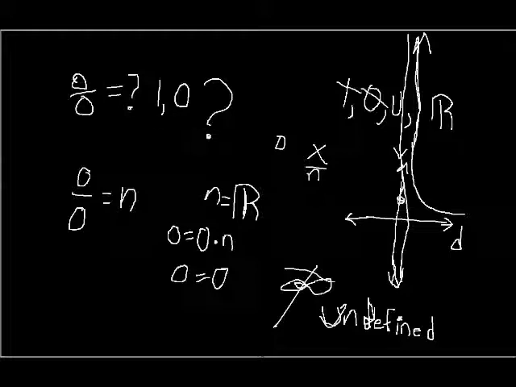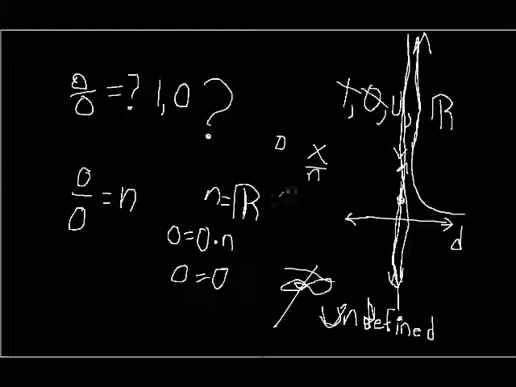Because it doesn't matter what we make the denominator, the top value is unaffected by anything. 0 times anything is still 0. So you don't have this for 0 over 0. You have this line going right along the x-axis in our case.